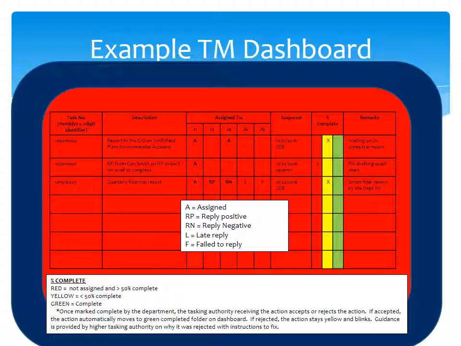The percent complete, so the green box would be once it's submitted. It would stay green until the approval authority you sent it to comes back and accepts it. If they don't accept it, that box can be automatically turned yellow by the approving authority when he or she rejects it.